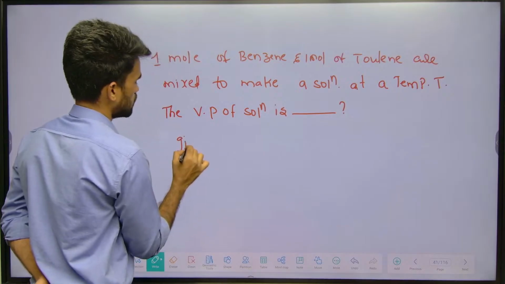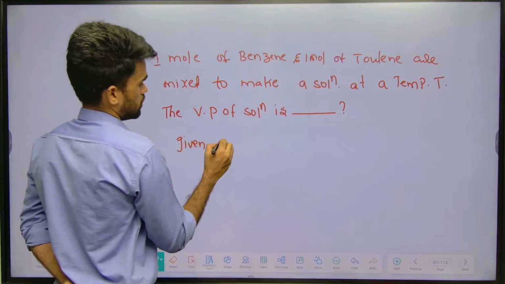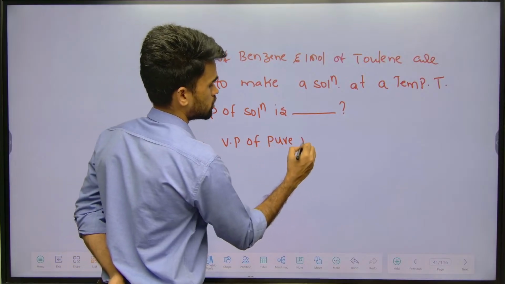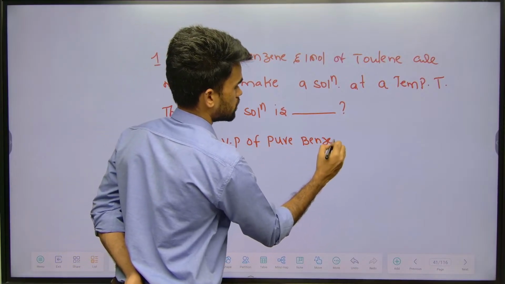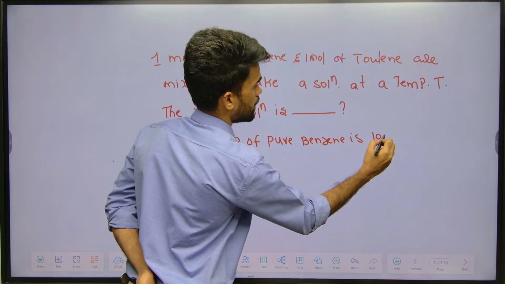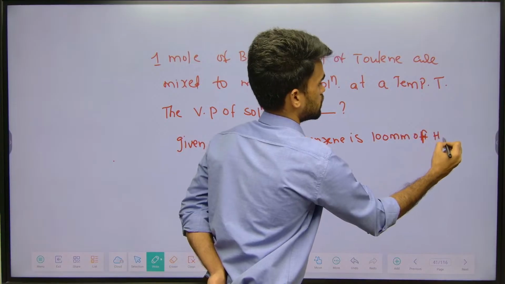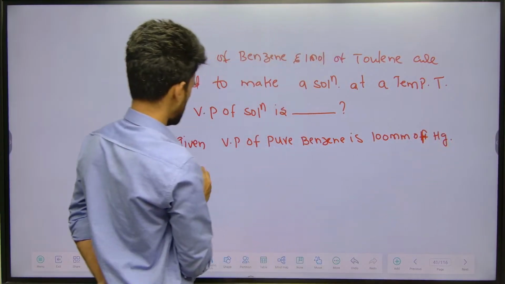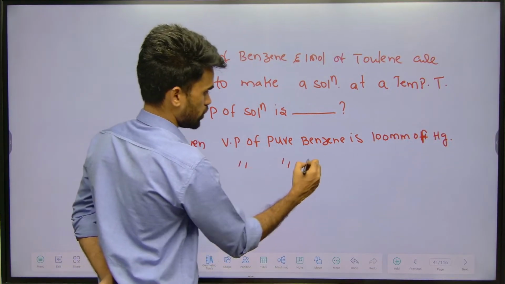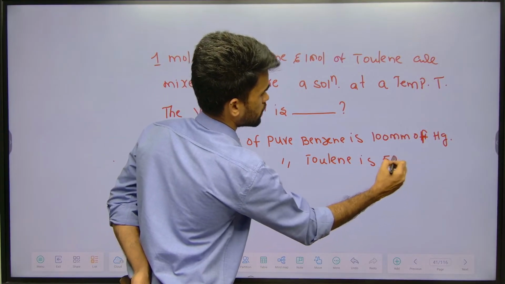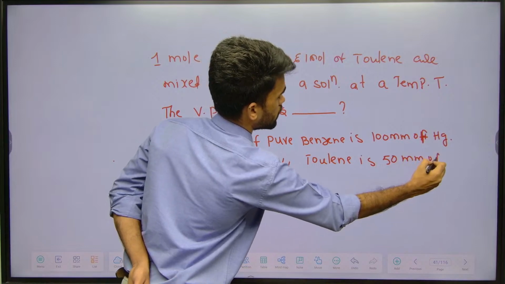Given: vapor pressure of pure benzene is 100 mm of Hg and vapor pressure of pure toluene is 50 mm of Hg.